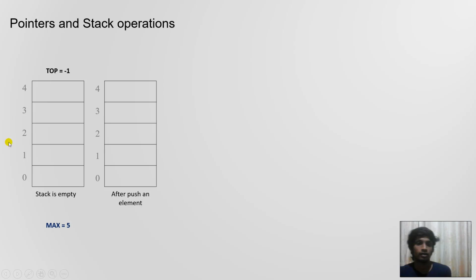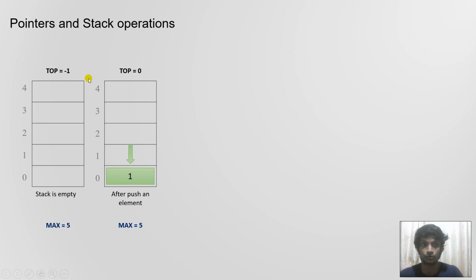Okay, so after we push an element to our stack, what will happen? If I push an element to our stack, the top will increase, as I said before, because now we have an element, so there will be no top at the -1 stage.